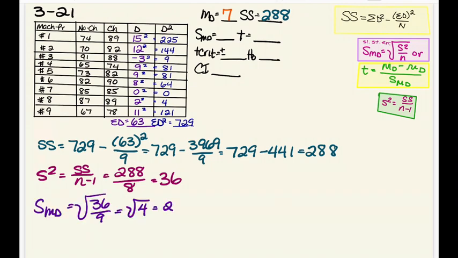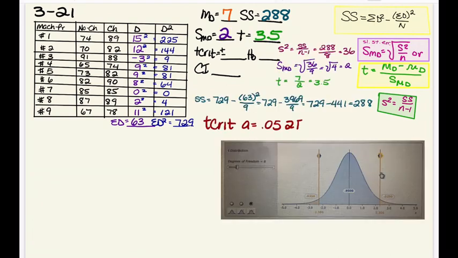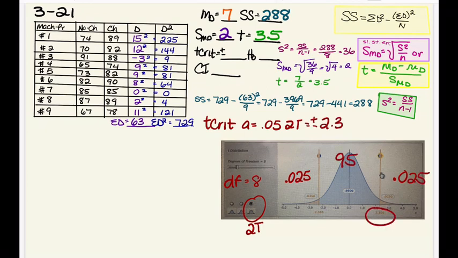The standard error is the square root of the variance divided by n, in this case is 2, and that will allow us to calculate our t value of 3.5. Our critical t with an alpha of 0.05, degrees of freedom of 8, which gives us 0.025 in each tail and 95% in the body, gives us a value of 2.306.